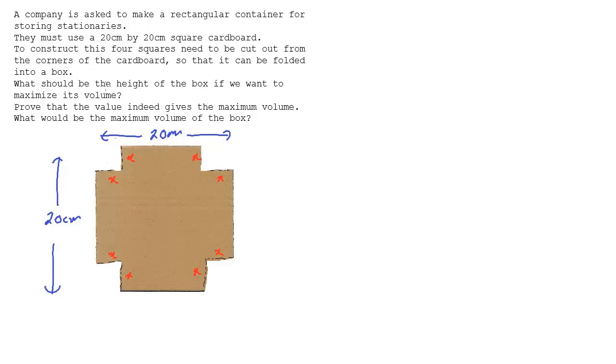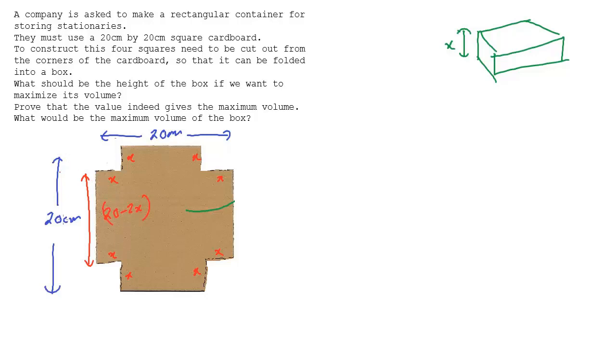So what should be the height of the box if we want to maximize its volume? First of all, let me draw a picture. A picture always helps. So if this is the picture of the box, then we know this is x. This is definitely x. And this length around here would be 20 minus twice x, because the whole thing was 20.